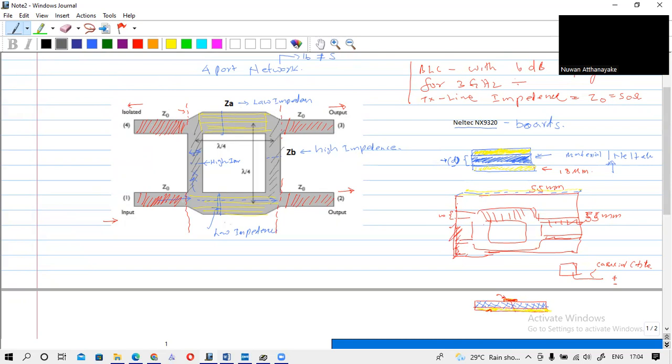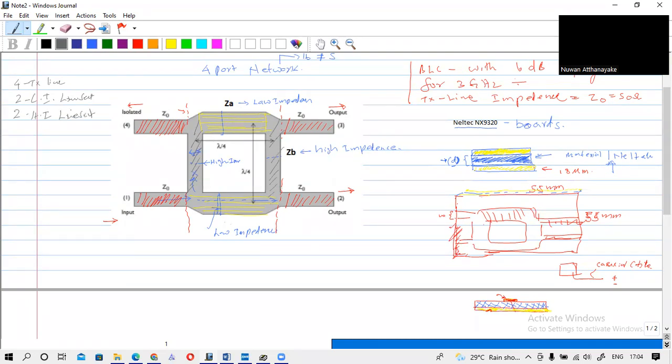Altogether, there are four transmission line sections, two low impedance line sections, and two high impedance line sections.